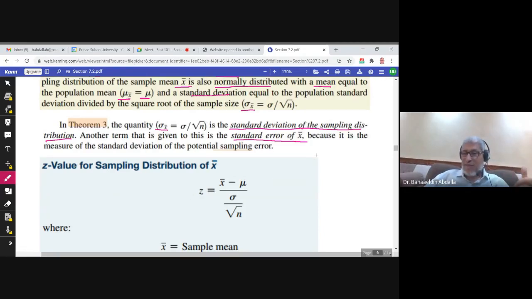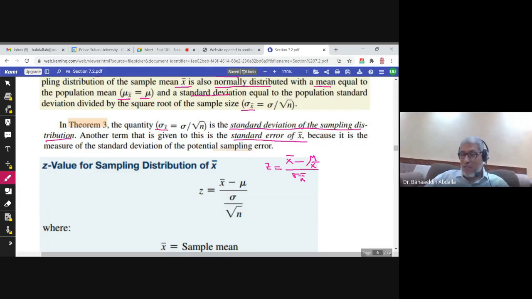Remember in chapter 6, Z equals X minus mu over sigma. That's for X. But what about X bar? Z here would be X bar minus mu of X bar over sigma of X bar. That's the usual formula we studied in chapter 6.